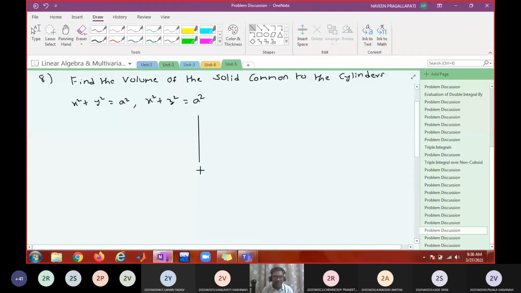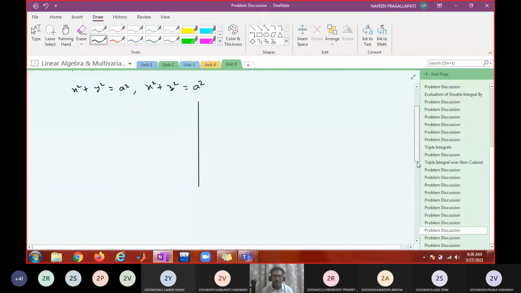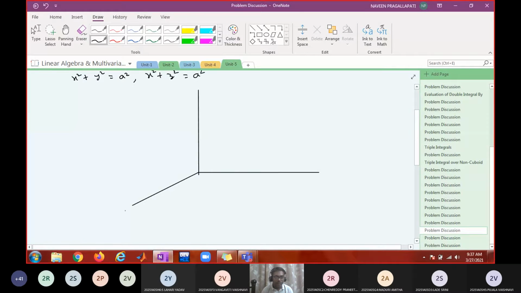What is the axis of the first cylinder? What is the axis of the second cylinder? The first cylinder axis is the z axis, and the second cylinder axis is the y axis, right? So this is the x axis, y axis, z axis. Draw a cylinder of radius a.